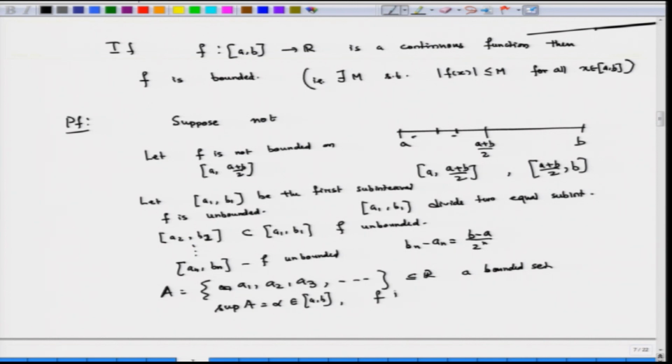Therefore, there exists a delta greater than 0 such that for x belonging to (alpha minus delta, alpha plus delta) intersected with [a, b], |f(x) minus f(alpha)| is less than 1.